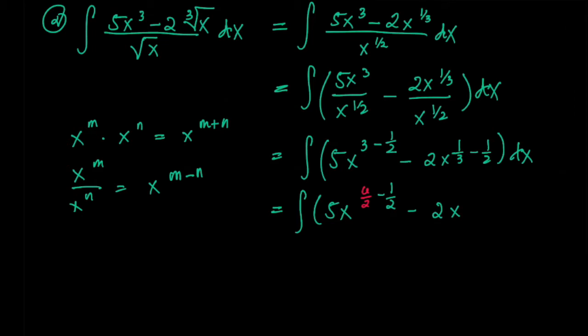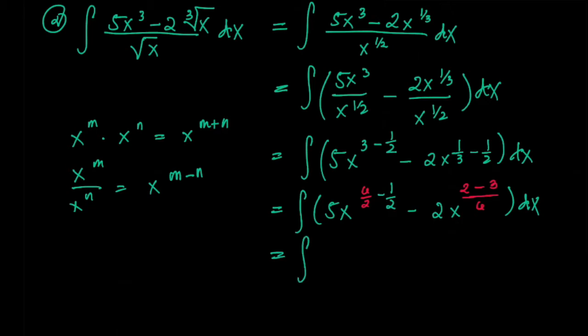To simplify this, we need to find the least common denominator. In this case, it's 6. To find the new numerator, 6 divided by 3 is 2 times 1 is 2. So 2 minus 6 divided by 2 is 3 times 1 is still 3. So 2 minus 3. Then enclose. Then dx.